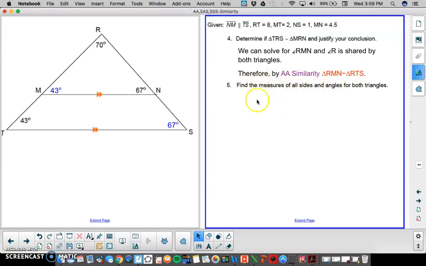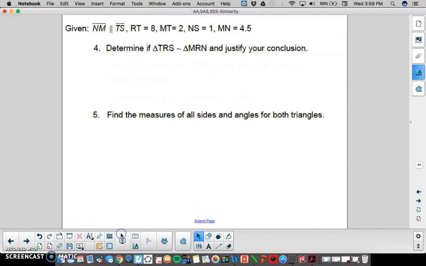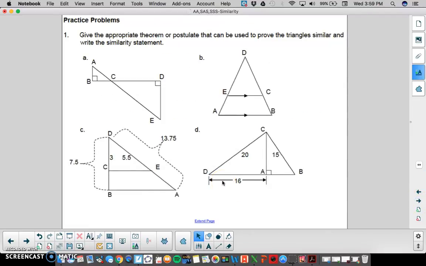Now, what I want you to do is use that given information and solve for the missing side lengths. Keep in mind, you might have to add some pieces together to get RS or RT to be able to use that in a proportion. Okay, and also these are 4 practice problems I want you to do.